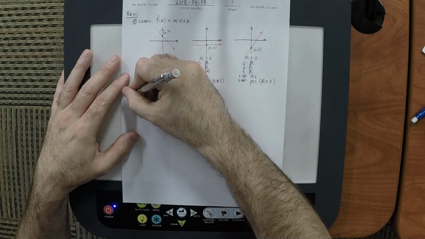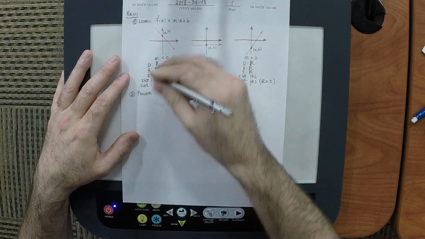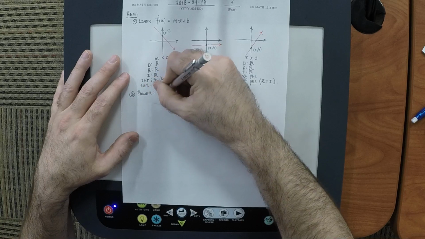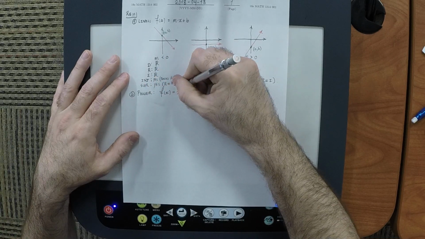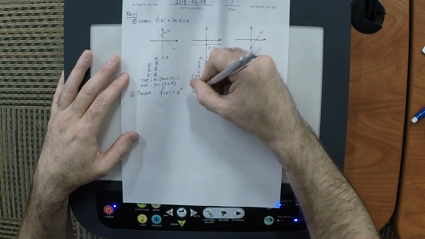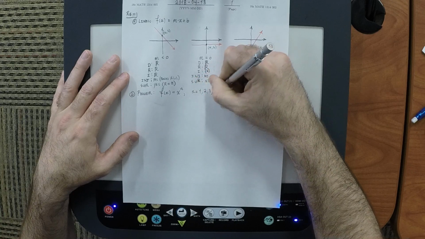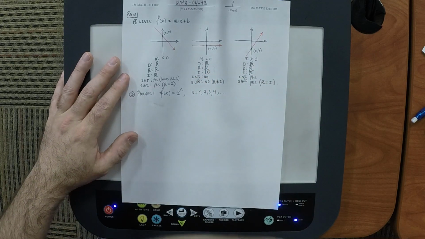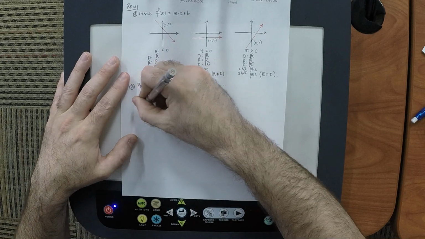Okay, the next family is the power family of functions. That's how we'll call it. It is functions that have the pattern f of x is x to some exponent n, where n is 1, 2, 3, 4, etc. So we're going to draw 4 examples.